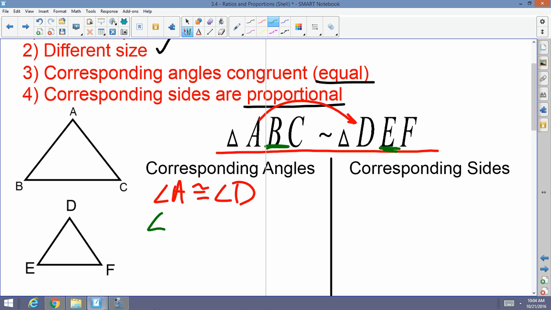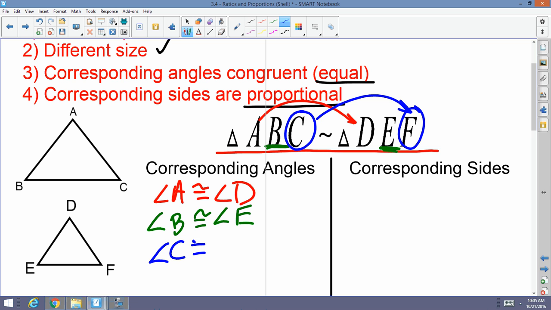So angle B will be congruent to angle E. Does that make sense? And then, last but not least, I've got C, which is my last letter. My last angle corresponds to my last angle, F. So angle C is congruent to angle F. Does that make sense, my brothers?